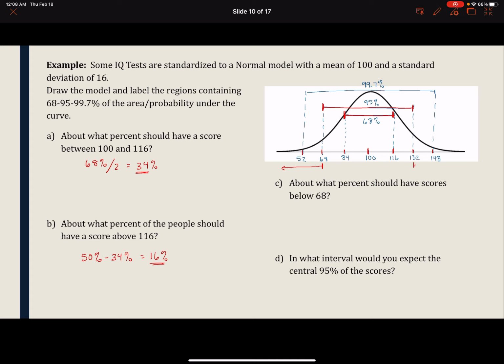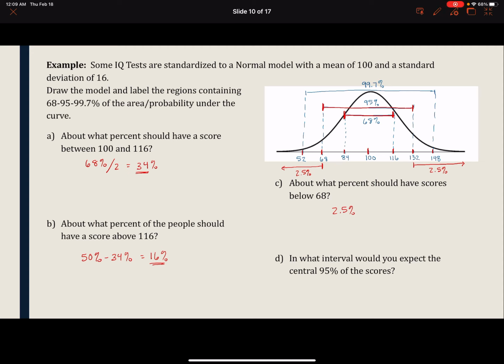And since I have 5% left over, and the normal model is symmetric, then I must have 2.5% above this 2 standard deviations and 2.5% below the 2 standard deviations. So this answer here is 2.5%.